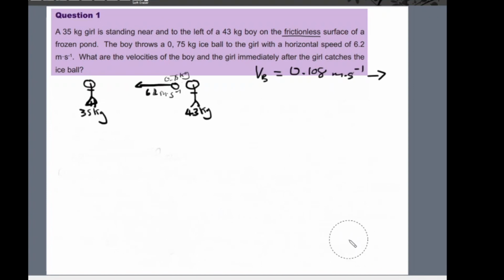Okay, so now to the situation of the girl. Before collision, we are still applying the principle of conservation of linear momentum, which states that the total linear momentum before is equal to the total linear momentum after, right?